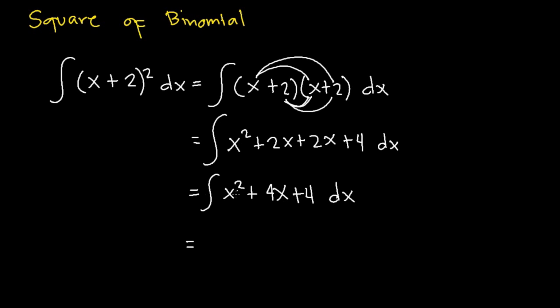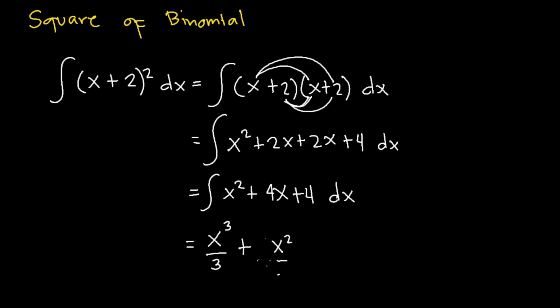So the antiderivative of x squared is x to the 2 plus 1 over 3, plus 4x, 4 times x to the 1 plus 1. So naa dayon 2 over 2. So kabalo na ka nga 4 over 2 is just 2.